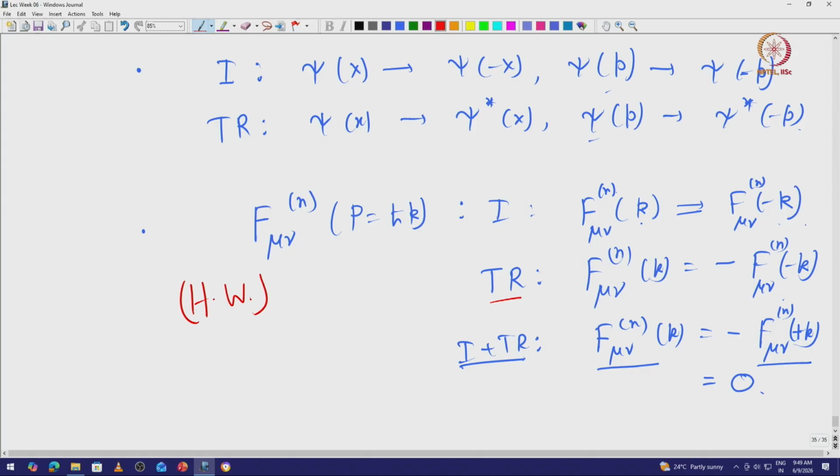That is why one of the symmetries must be broken to get a finite Berry curvature and a finite Chern insulator. We will show that all those Chern insulators that we looked into earlier, the Haldane model and the Rice-Mele model, break time reversal symmetry.